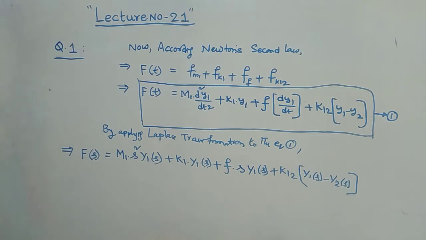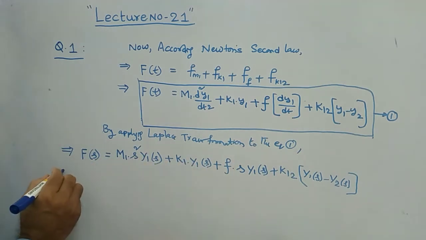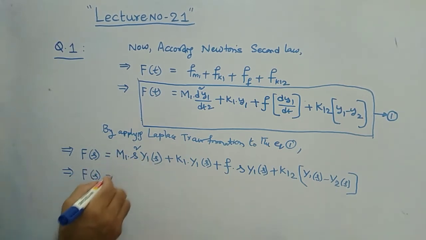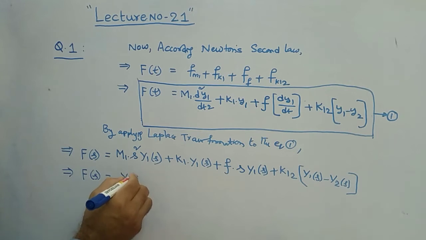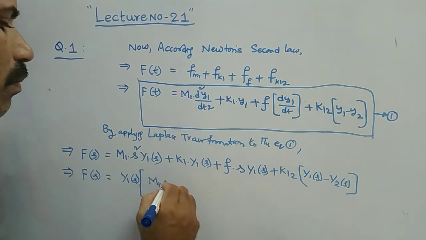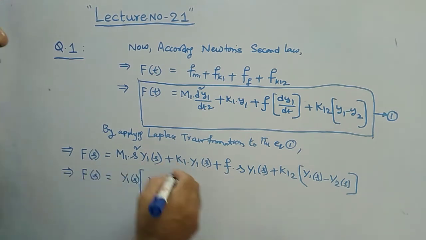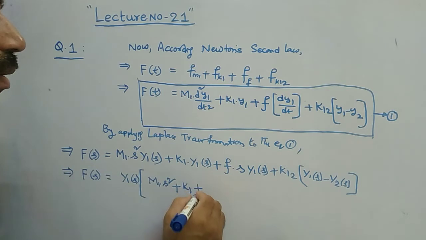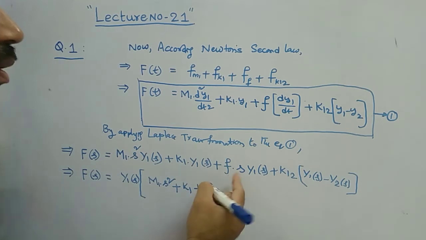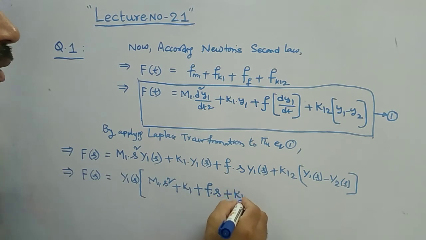From this you just segregate the y1 of s and y2 of s values and take them common. So F of s is equal to y1 of s times m1 s square plus k1 plus f into s plus k12.